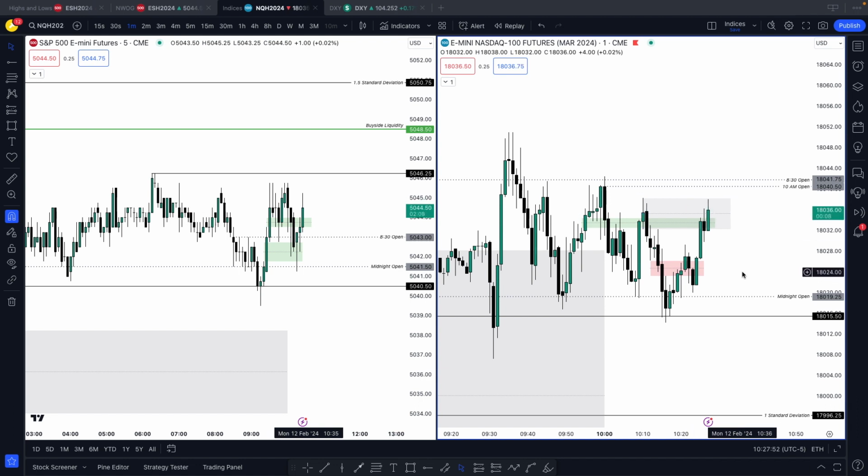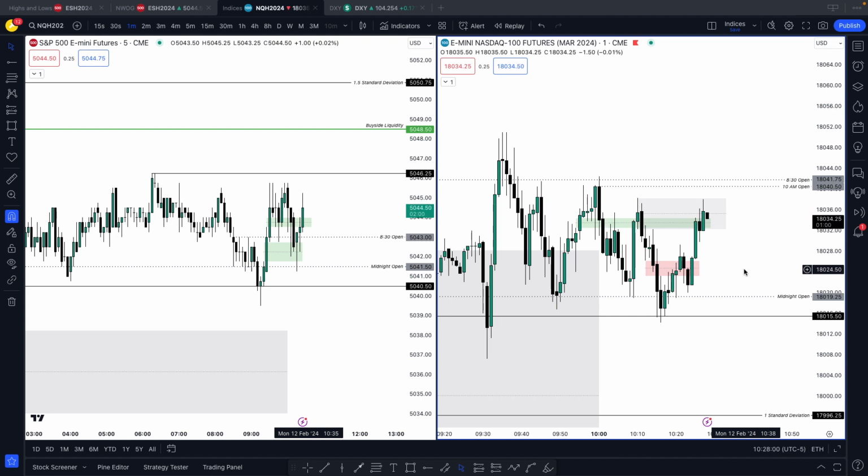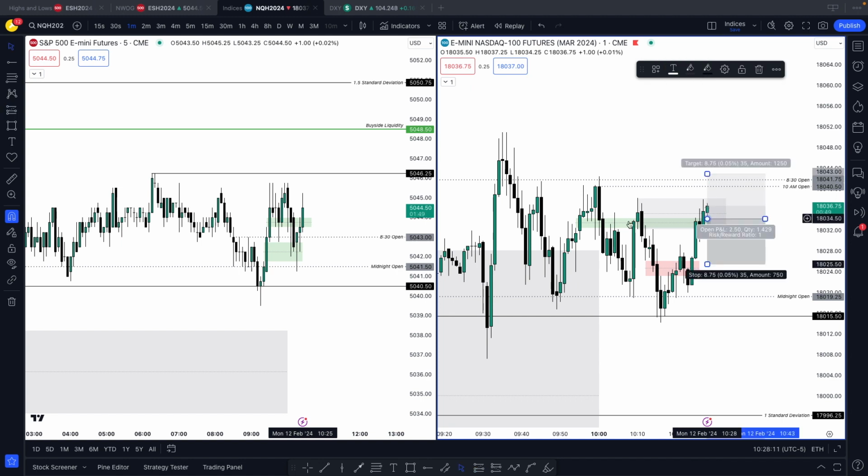Very good. Nice. So that can be a buy right there. And then you just want to watch for continued bullish order flow. So buying right there on the return to the inefficiency and inside the mitigation block.